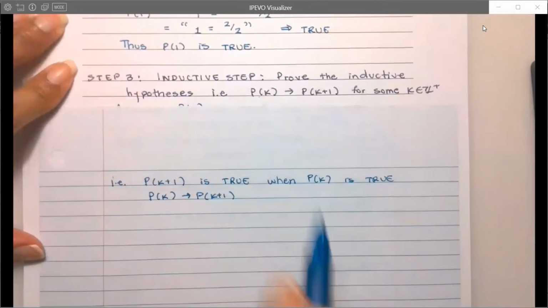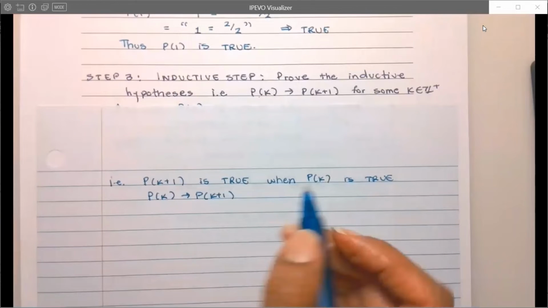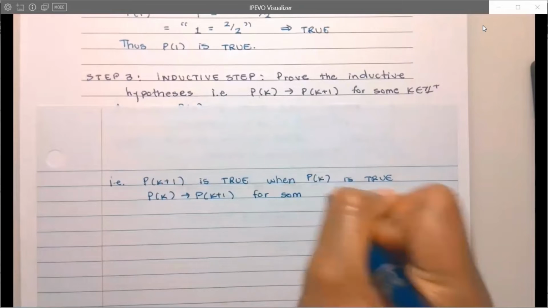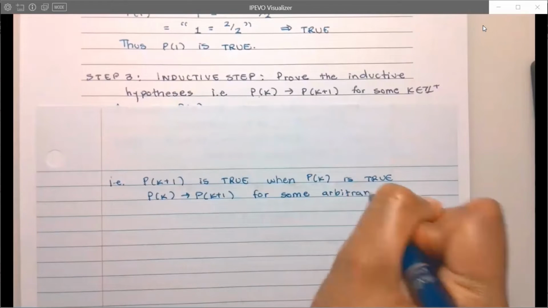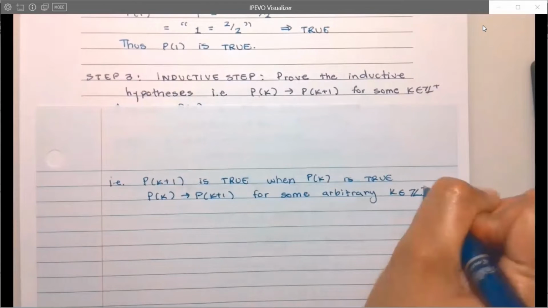Okay, so remember, we were trying to prove that p of k implies p of k plus 1, and we've reached that. And this is for some arbitrary k in the domain.